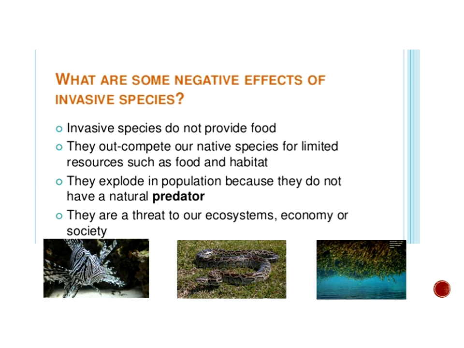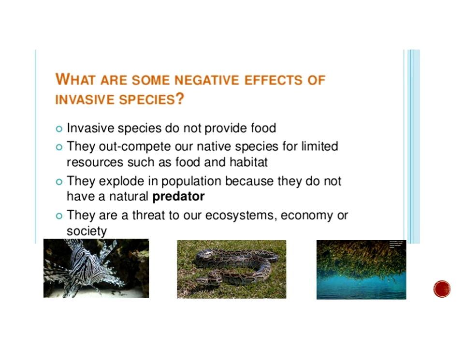So these are some of the negative effects that we see with invasive species. They do not usually provide food for any other predator in the ecosystem. They will usually outcompete the native species for the resources, including food and habitat, so space as well as food.